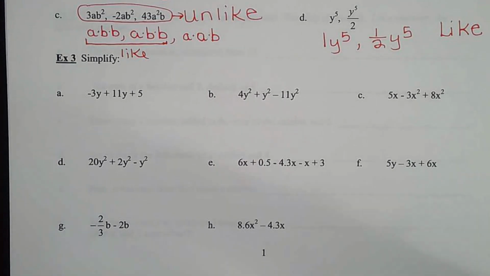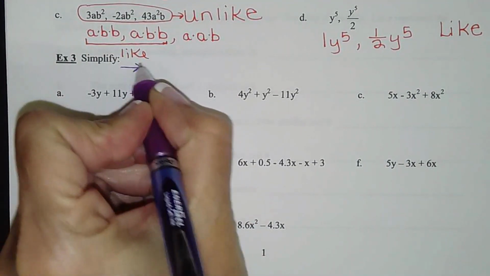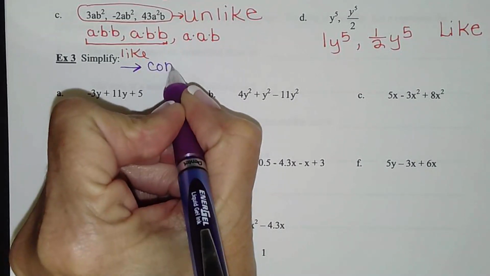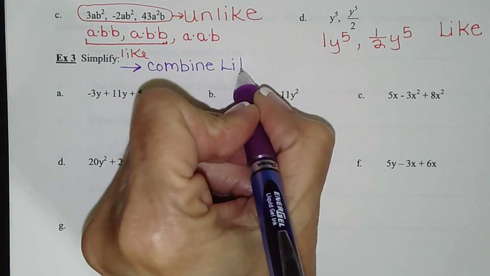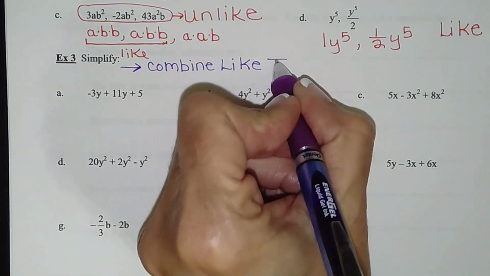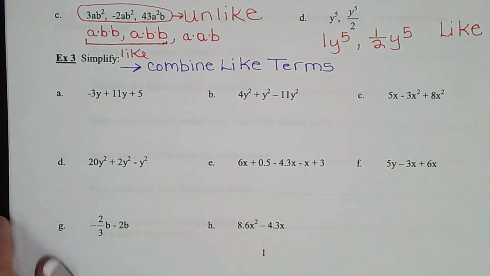So that leads us into this. Now we're going to be simplifying. Simplify is another word for combine like terms. So when you see simplify, it also means clear parentheses if there are any, but there aren't any parentheses here.